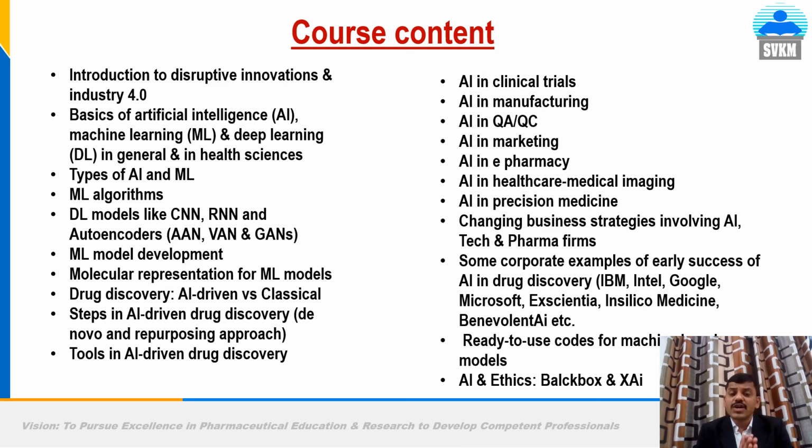Then we will go for 3-4 ready to use codes for machine learning model building, a tutorial we will share with you. We will talk at last about AI and ethics. There are two concepts, black box and XAI. Black box means there are two concerns. Machine learning should work in such a manner that human experts should be able to interpret what is going on between the input and output.